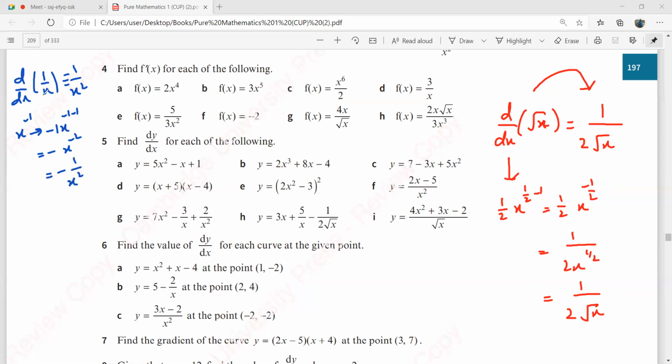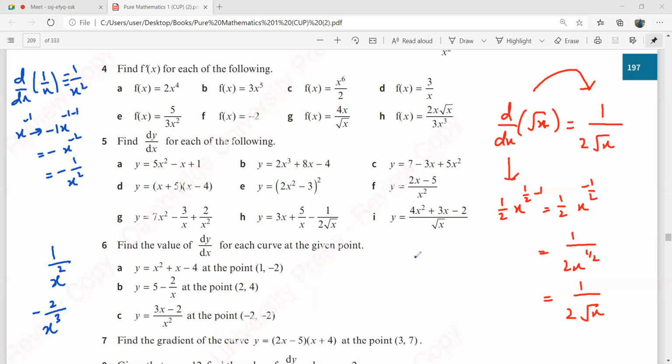So you just remember, when 1 over x is written, in your mind you must have, oh yes, the power on x is minus 1. And suppose it is 1 over x squared, the power on x is minus 2. So its derivative would be minus 2 over x cubed.